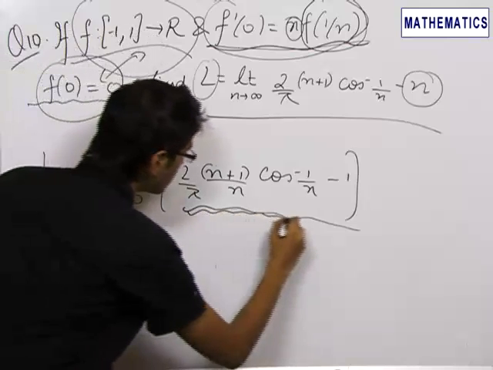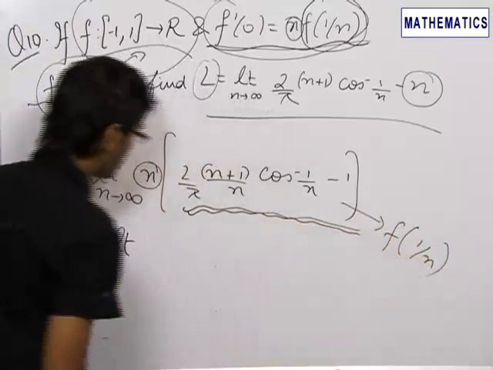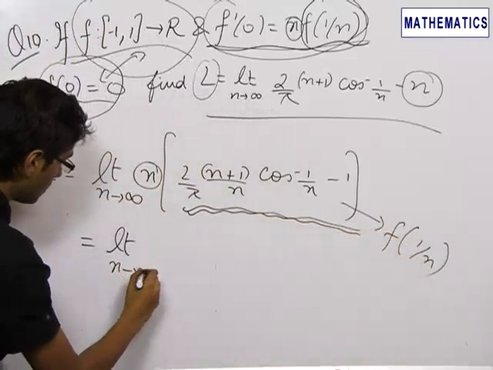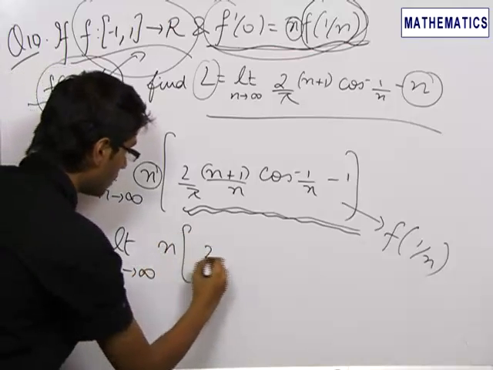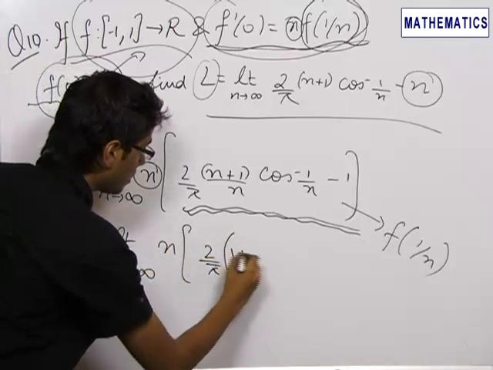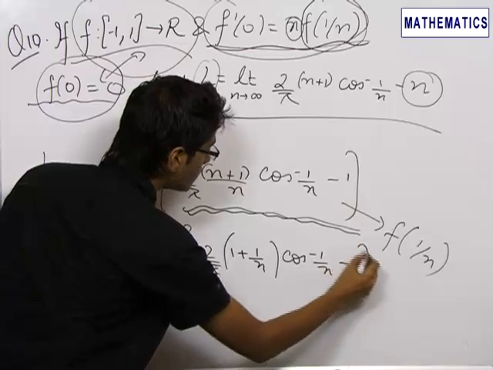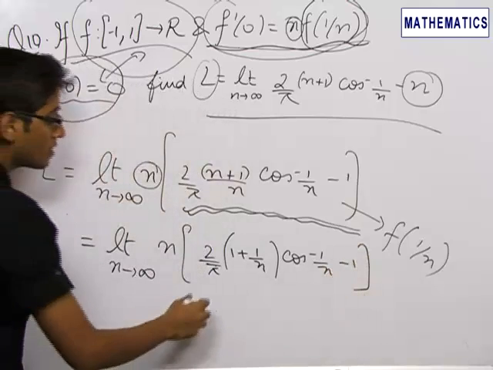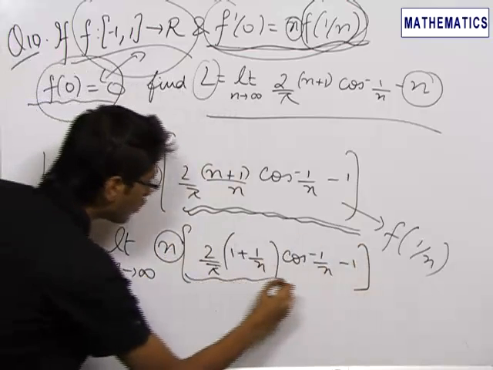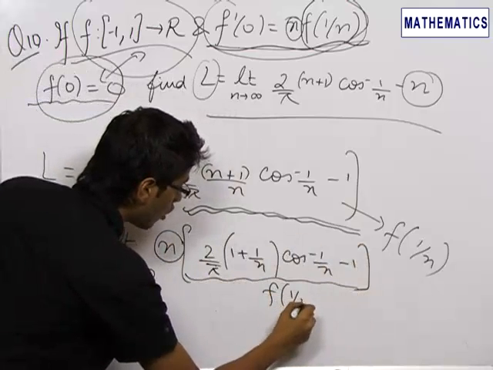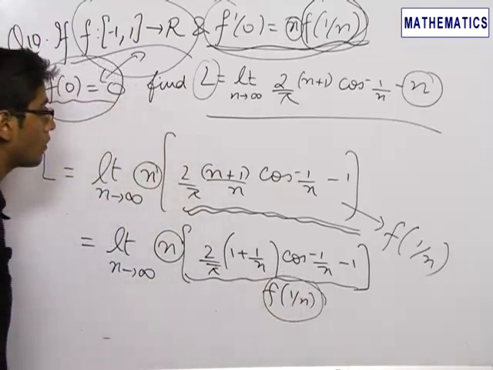We try to convert this expression into the form of a function f(1/n). So we rewrite the whole thing as limit n tending to infinity n into [(2/π)(1 + 1/n) cos⁻¹(1/n) − 1]. Now very obviously we can see that this is written in the form of n into a function of 1/n. So we have got a function of the form f(1/n).